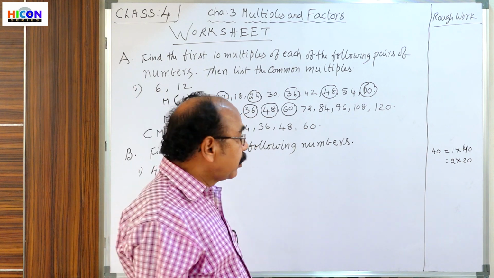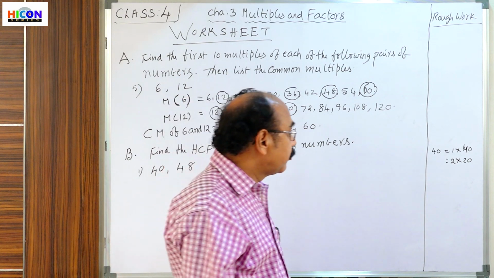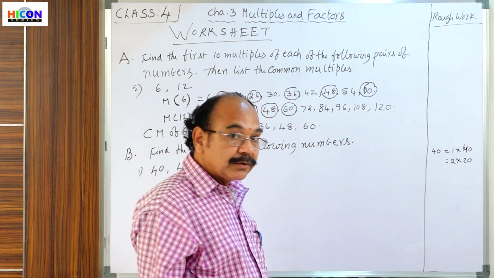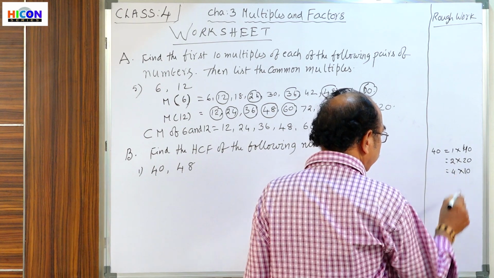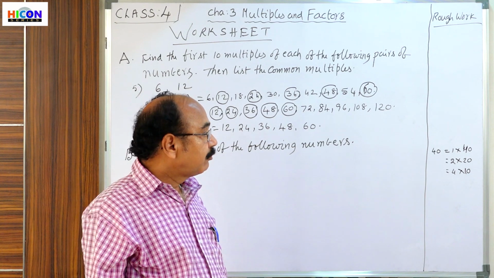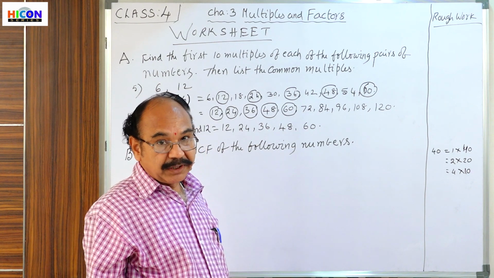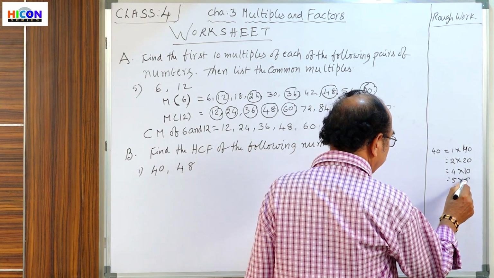Next, in the 3 table, can you get 40? Table 3? No. In table 4, you see, 4 how many times? 4 tens are 40. After that, come to the 5th table. In the 5 table, you can get 40. 5 eights are 40. So, you take here 5, 8.